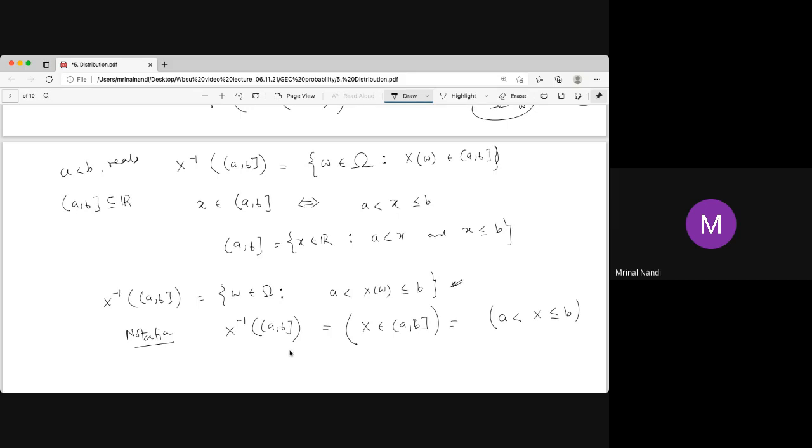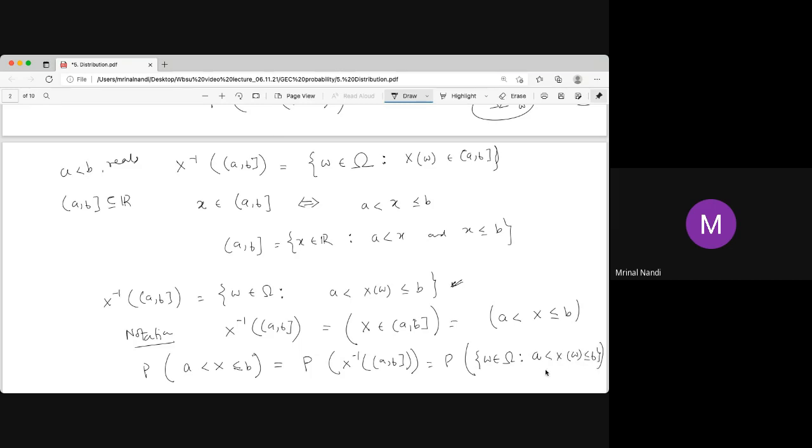So if I ask what is the probability that A is less than X less than or equal to B, that means we want to find the probability of this set, X inverse of (A,B]. That means we want to find the probability of the set of all omega such that this happens.